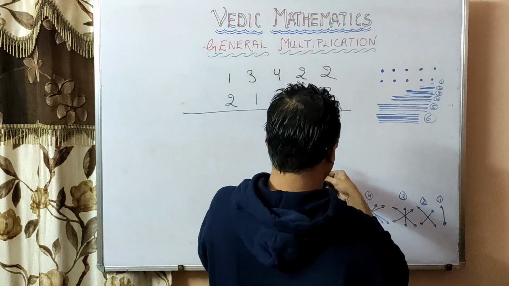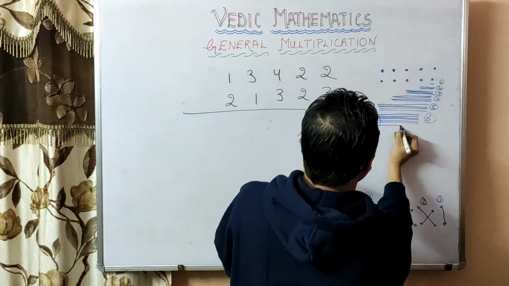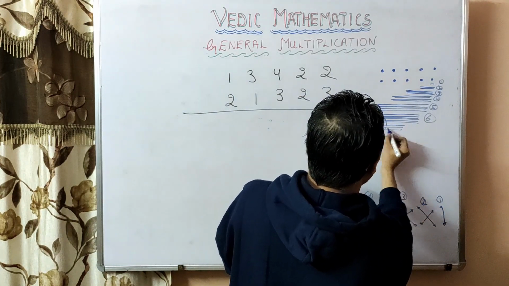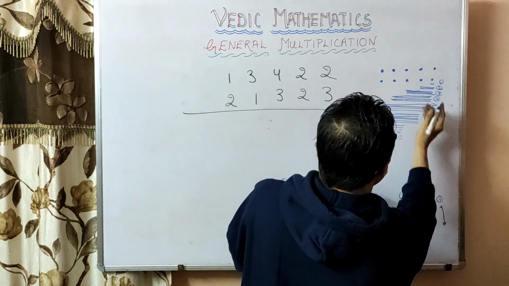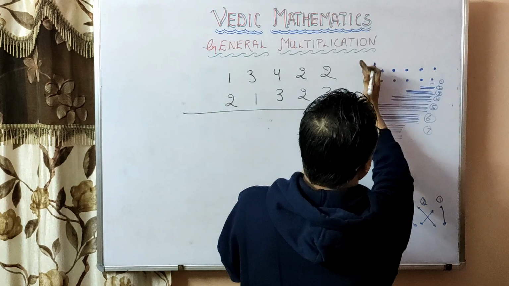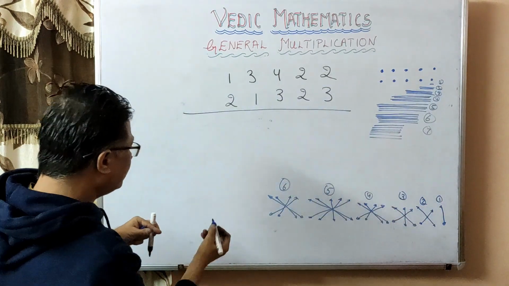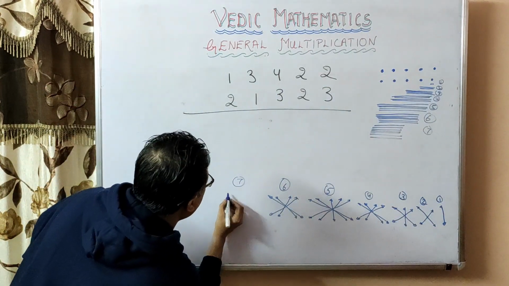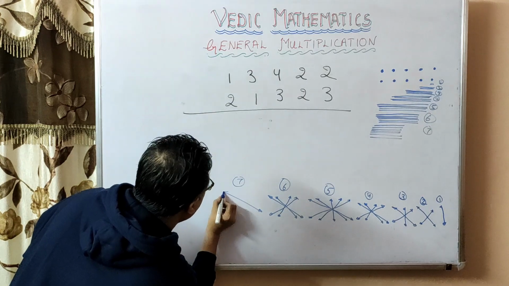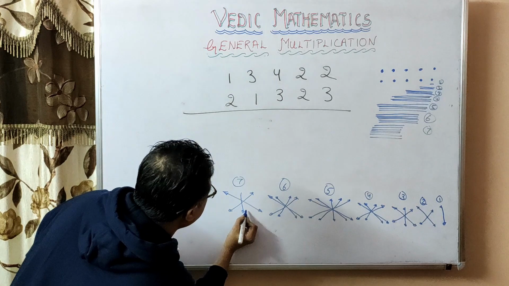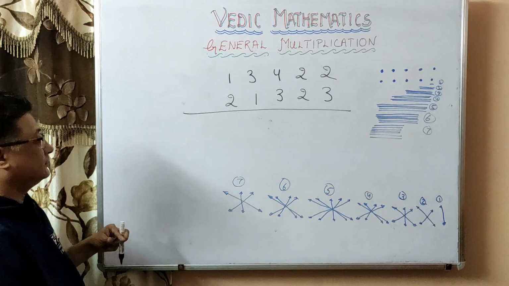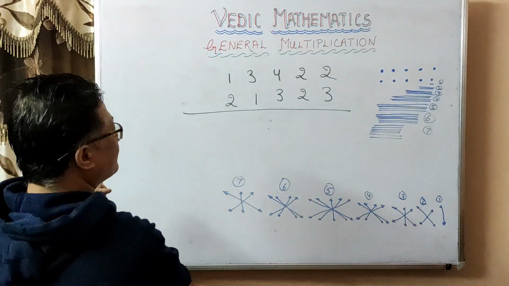Similarly for the seventh step, remove this also, so these three will remain, and the seventh step will be the path you know for when there are only 3 digits. So this will be the 7th step.